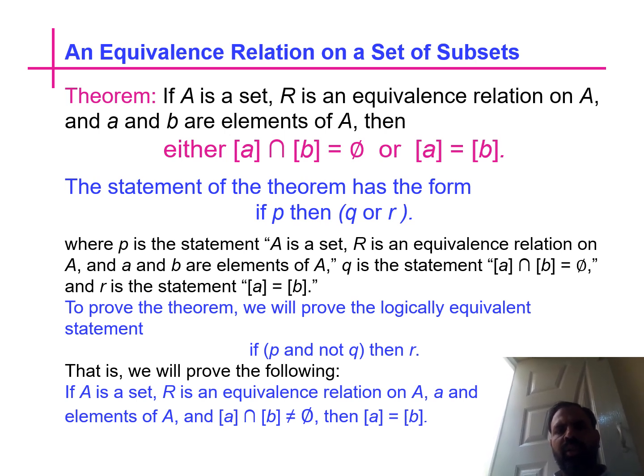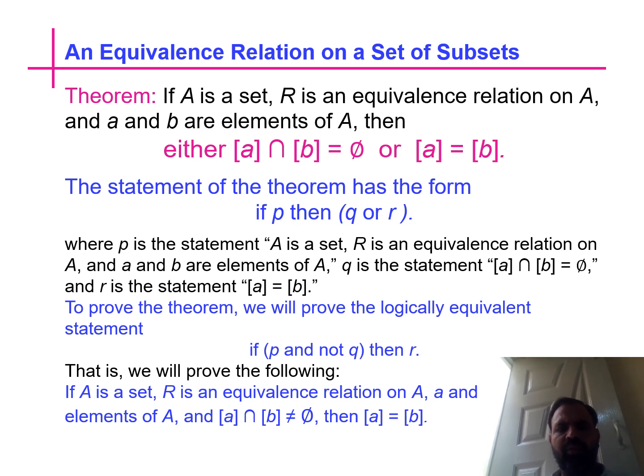The statement of the theorem has the form: if P then Q or R, where P is a statement, A is a set, R is an equivalence relation on A and a, b are elements of A. Q is the statement a ∩ b = φ, and R is the statement a = b.